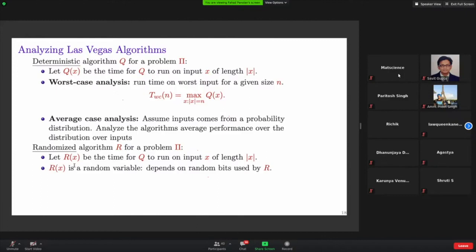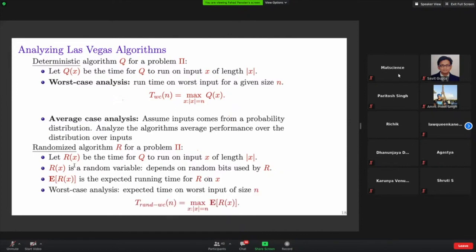Then R of X is a random variable. The running time depends on the coin tosses or the random bits used by the algorithm. And what we do is we compute the expectation, the quantity expectation of R of X, which is the expected running time on input X.